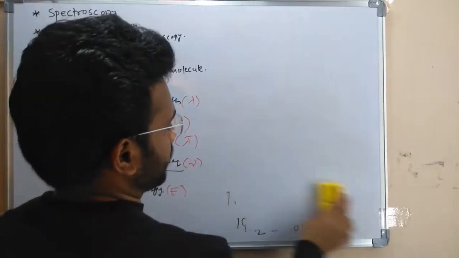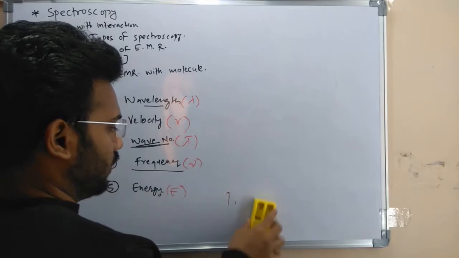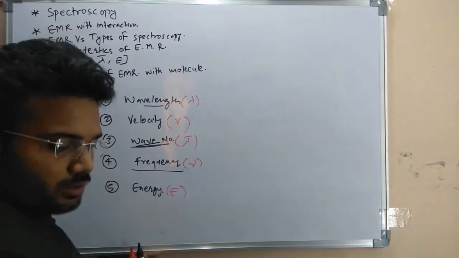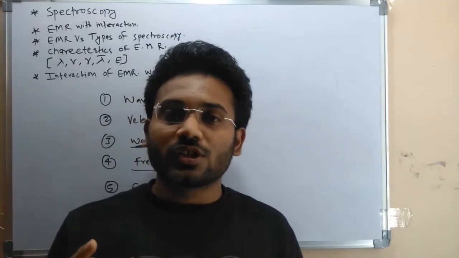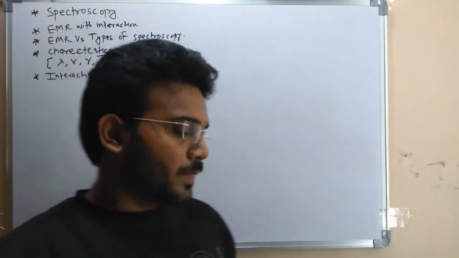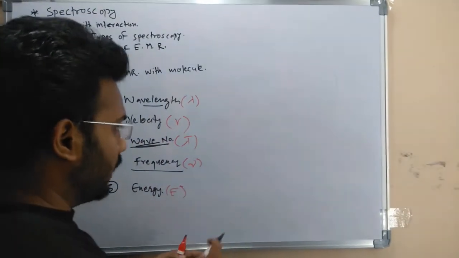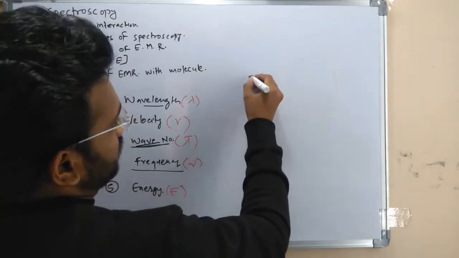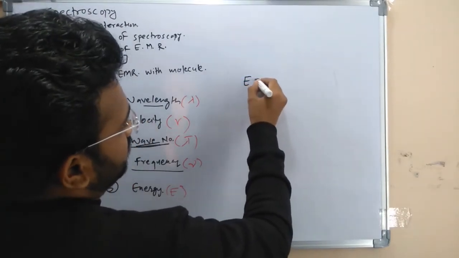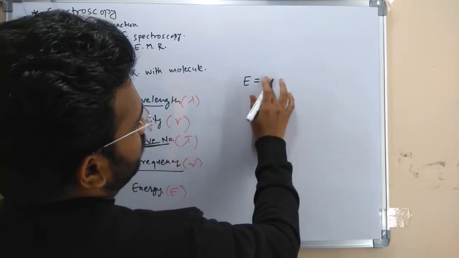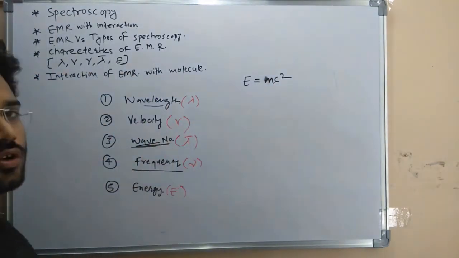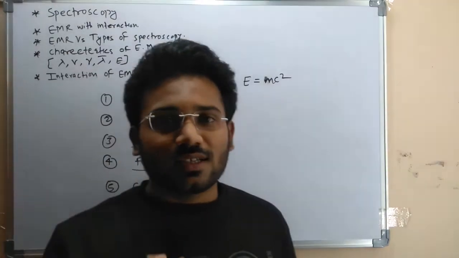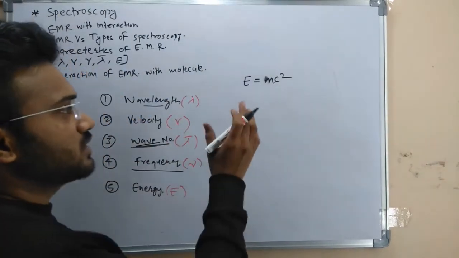What is meant by energy? You know that light, or photon, stores energy. The basic and very famous equation is E equals mc squared, discovered by the well-known scientist Einstein, and we also call it the Einstein equation.